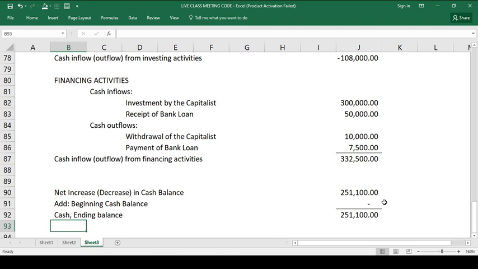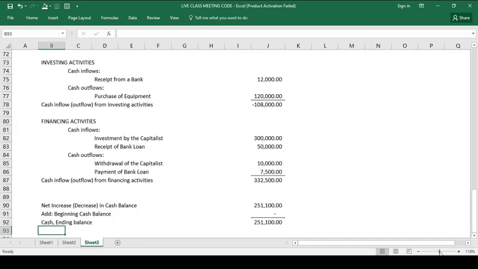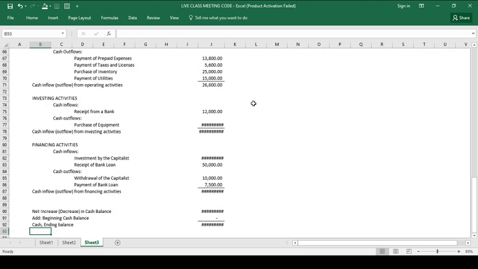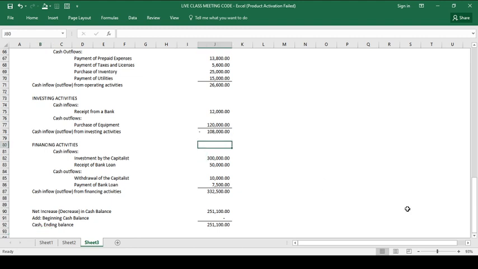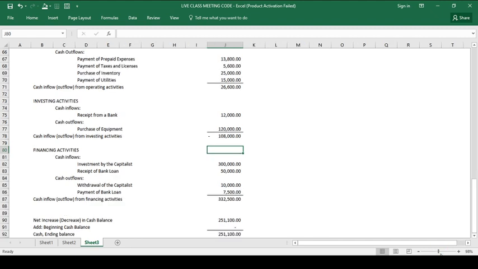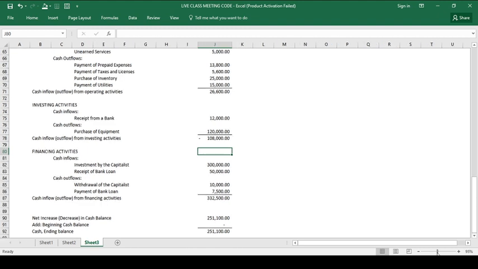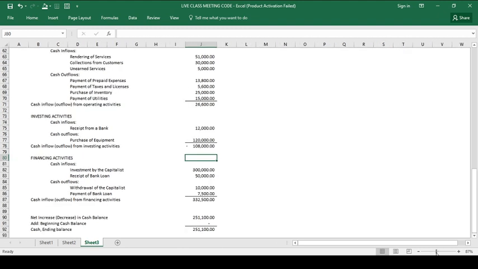Okay? So, yon. Okay? So, to let you see the whole picture of the statement of cash flow. Okay? Sige, palaparin ko lang para walang figure signs. Ito ang itsura niya. Okay? Ano? Ito na ang buong itsura ng statement of cash flows mo. Okay, dapat okay.